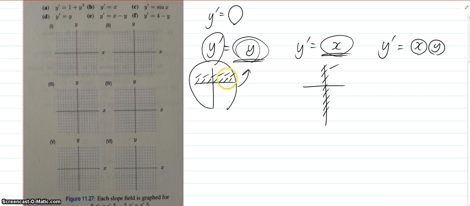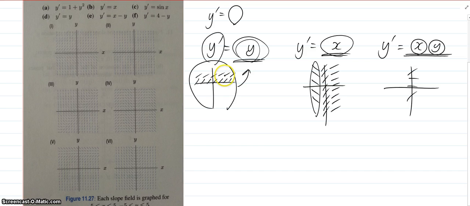Vertically it will be the same slopes, but if you slide left or right, they will all differ like this. And in this case, when it involves both x and y, they can vary anyway. So it's impossible to find a horizontal or vertical line that has the same slopes at every point.